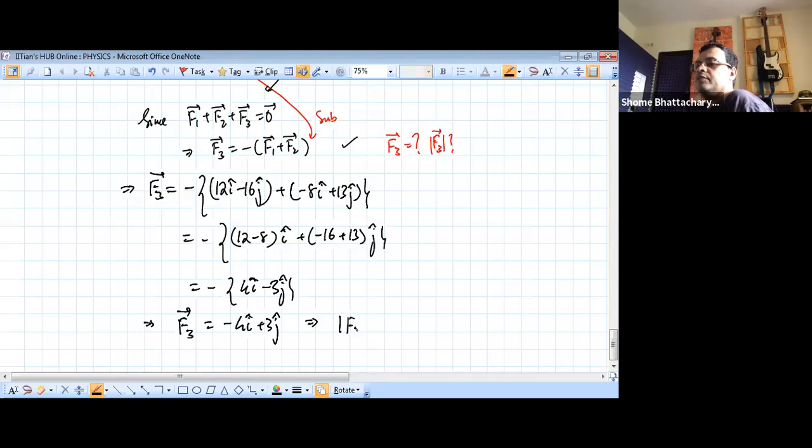Okay, so now you have to find the magnitude of F3. So just apply the formula. That is how much? 5.